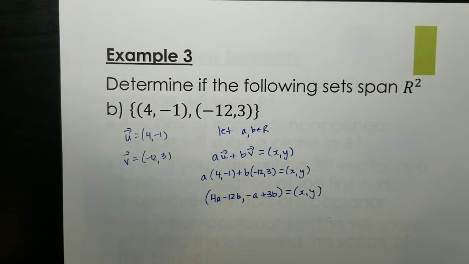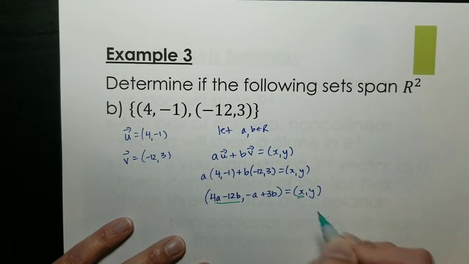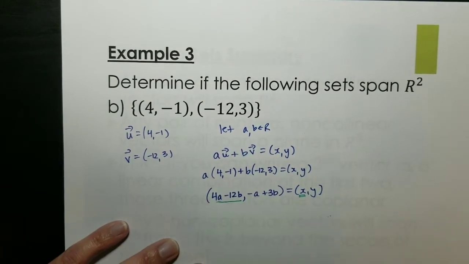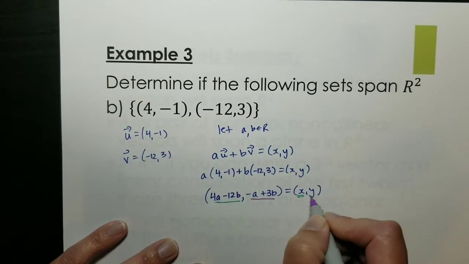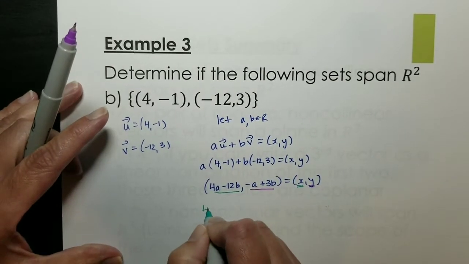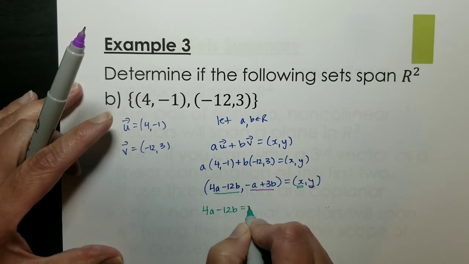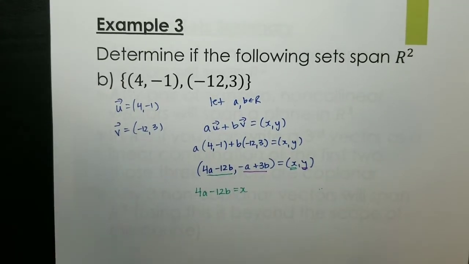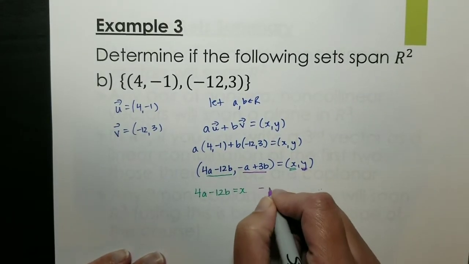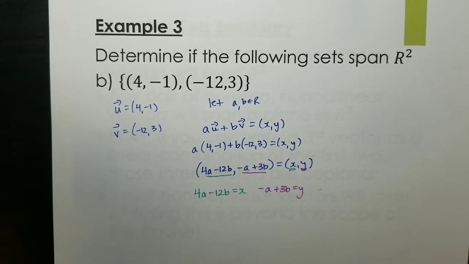And now again, I'm going to pull these out, create two different equations. I think I'm using the opposite colors this time, but I think that's going to be fine. So here I get 4a minus 12b equals x, and negative a plus 3b equals y.